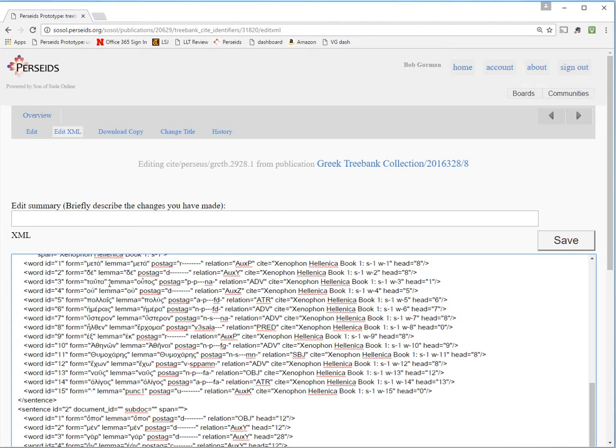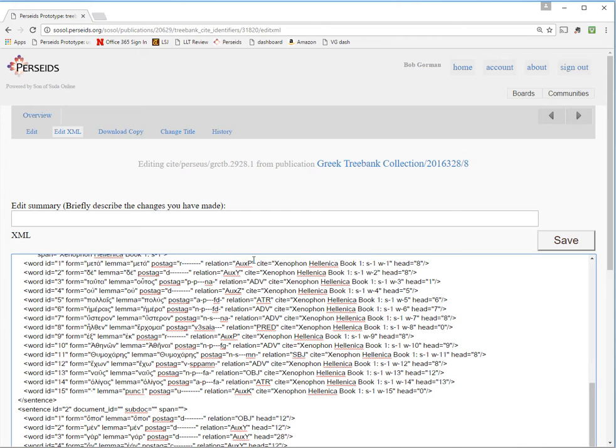Then the next bit of data here is the postag, you see, which is what we might call part of speech tag. R stands for preposition, D for adverb, P for pronoun, in the plural neuter accusative, Pn dot Na, and so forth.